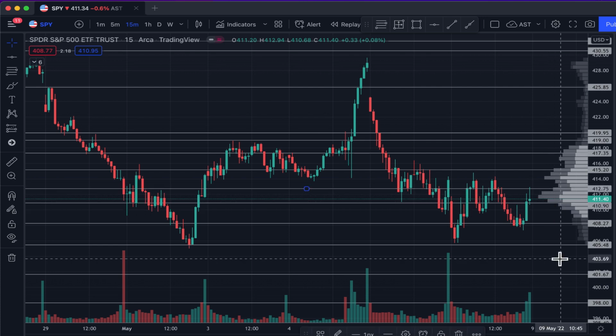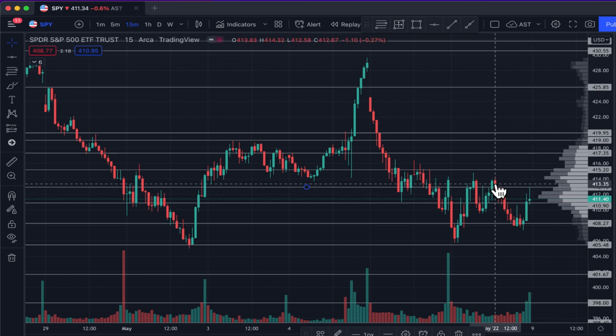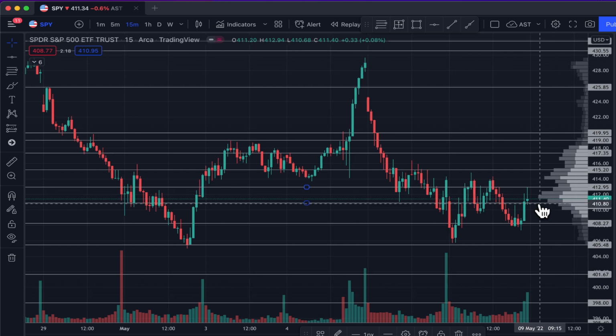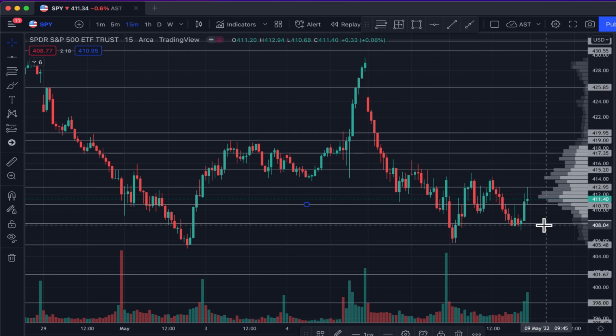So here, this one is one that I'm definitely going to want to raise just to catch more of these tops here. I think that one is very significant. And then I get down here, I'm going to move this to about 410.70 to catch more. And you can see why I'm doing what I'm doing. It's just the same process.